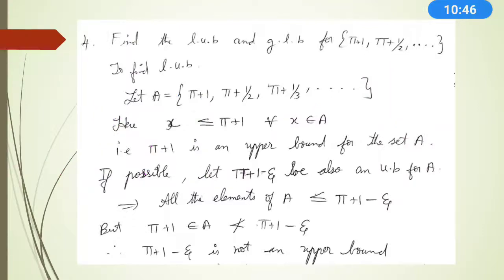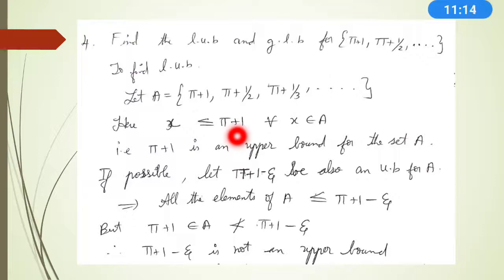My greatest of all the elements will be pi plus 1. Each element in the set is less than or equal to pi plus 1. So the set is bounded above by pi plus 1, an upper bound.